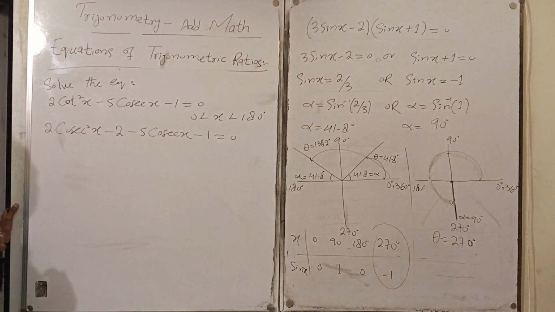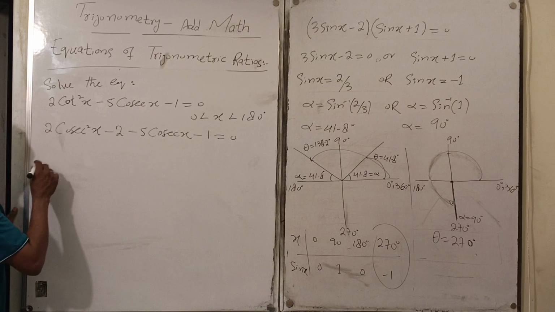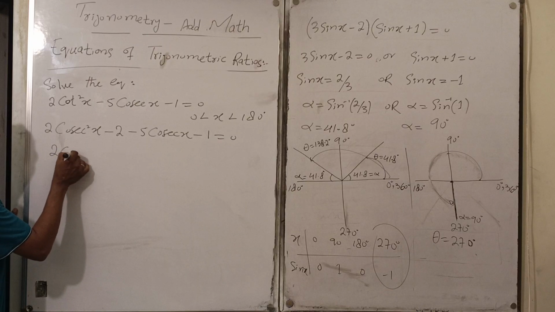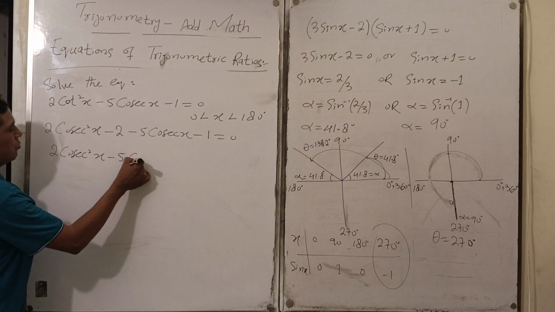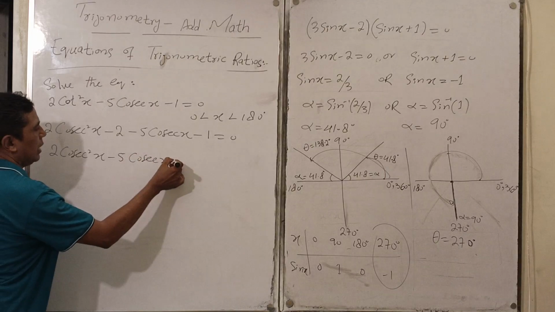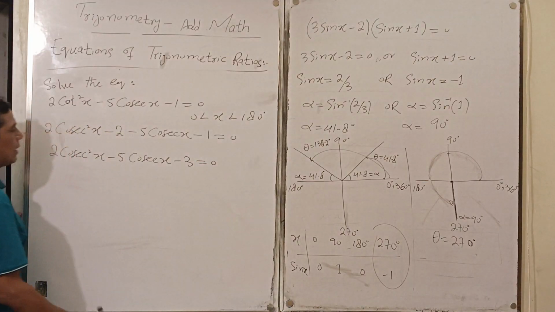Now again it is a kind of quadratic equation. Clear? So the quadratic equation is 2 cosec square x minus 5 cosec x minus 3 equal to 0.